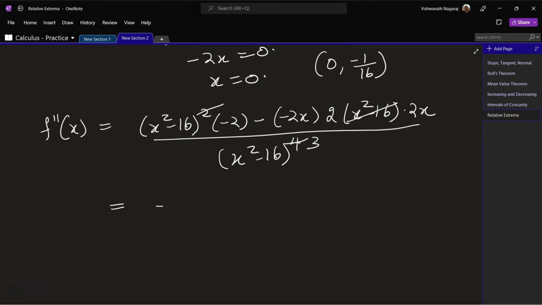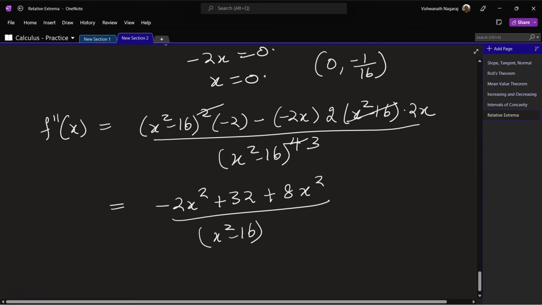So we are left with minus 2x square plus 32. 2 2's 4, 2 4's 8, plus 8x square divided by x square minus 16 to the power of 3, which gives us 6x square plus 32 by x square minus 16 cube.